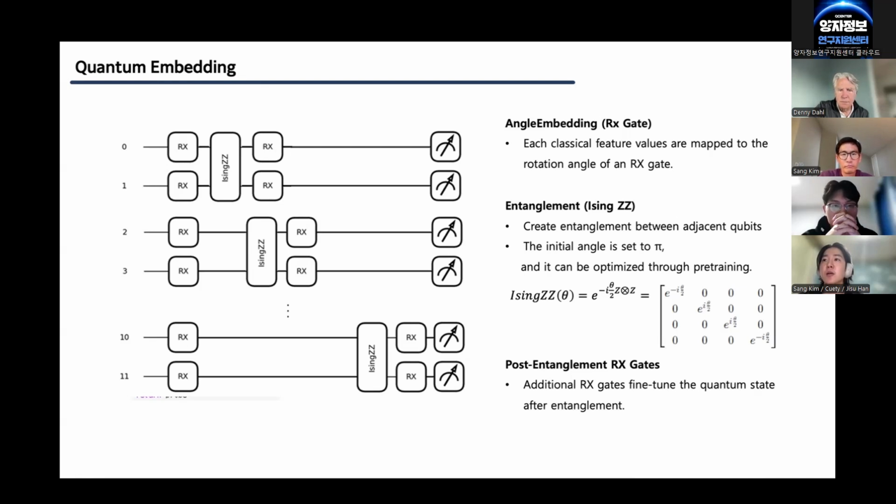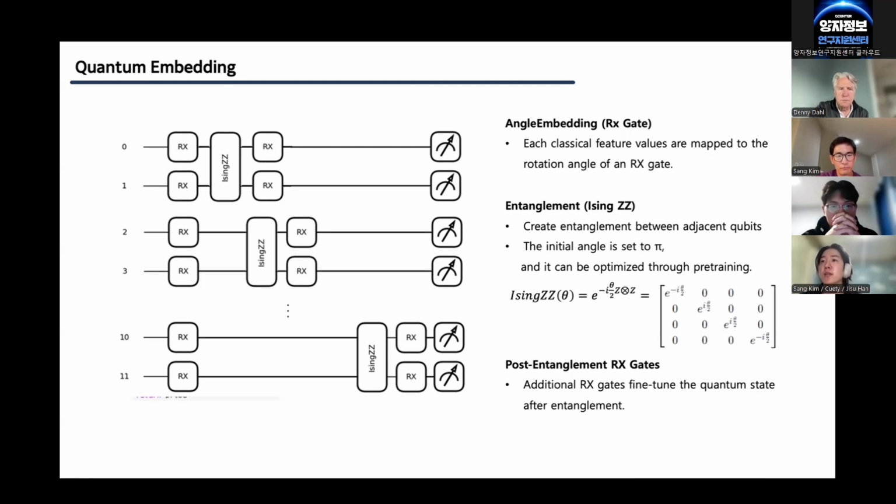This gate uses the Pauli-Z matrix and allows control over the strength of entanglement via parameter theta. Unlike the CNOT gate, the IsingZZ gate lets us tune the level of entanglement, which can be optimized during training. However, in our case, we fixed theta to pi due to some training issues and proceeded with that value.